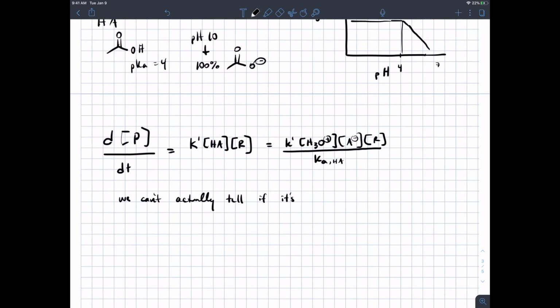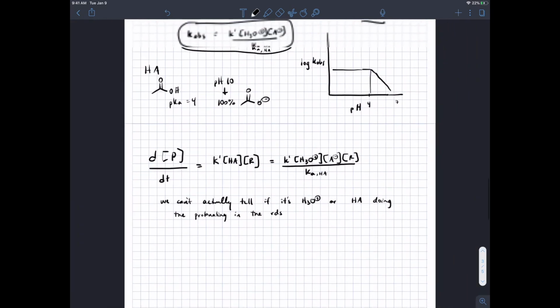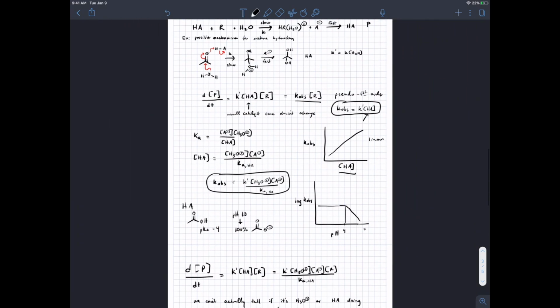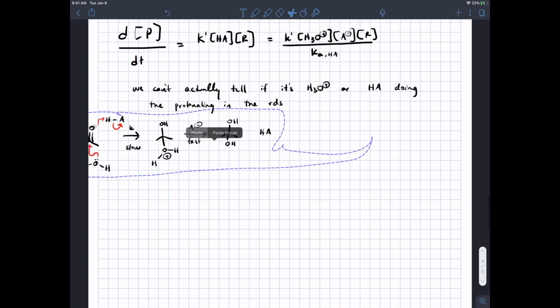if it's H3O+ or HA doing the protonating in the rate determining step. For example, I showed you the mechanism for hydration of a ketone where the acid is involved in the rate determining step.